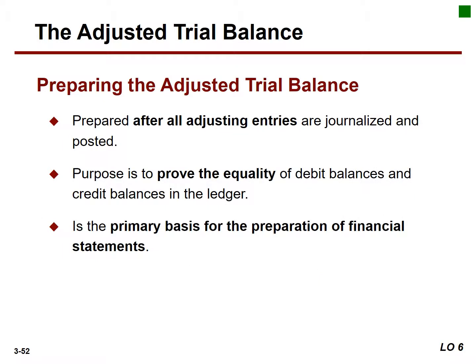After we have analyzed, journalized, and recorded or posted to our general ledger all of our adjusting entries, we will now then need to prepare what's called an adjusted trial balance.